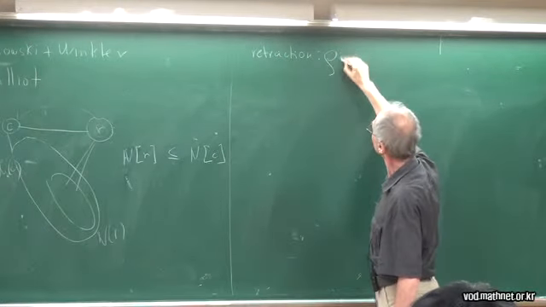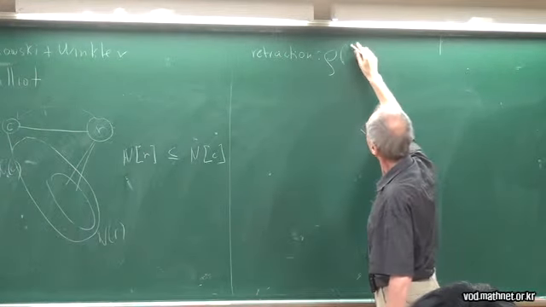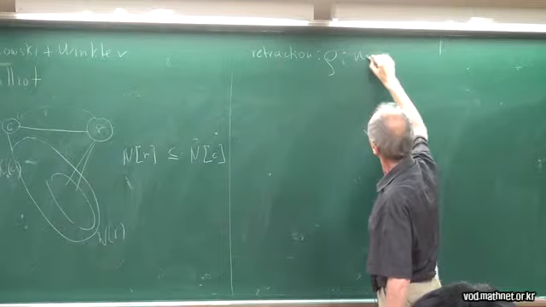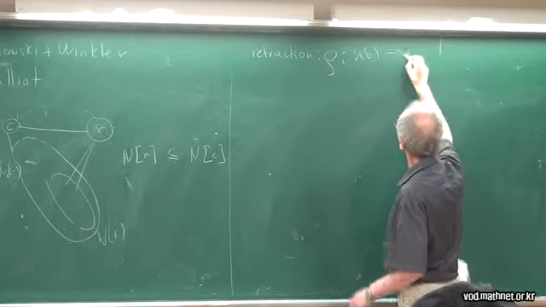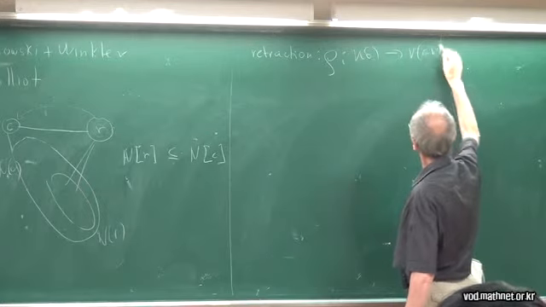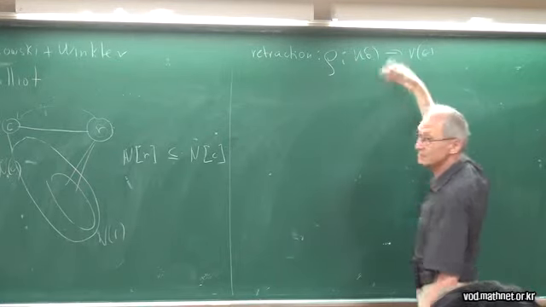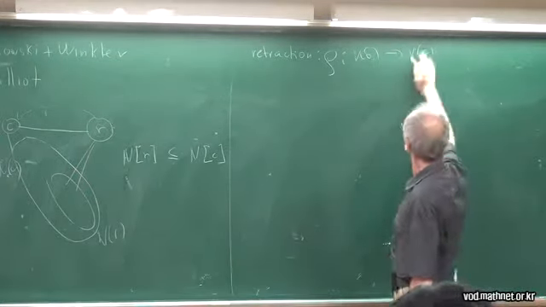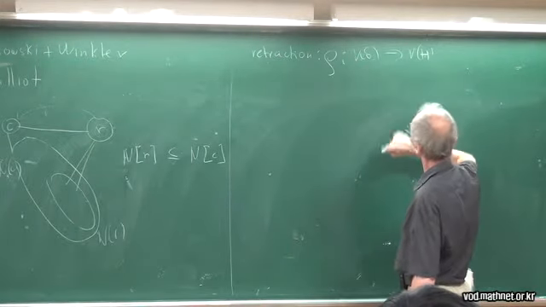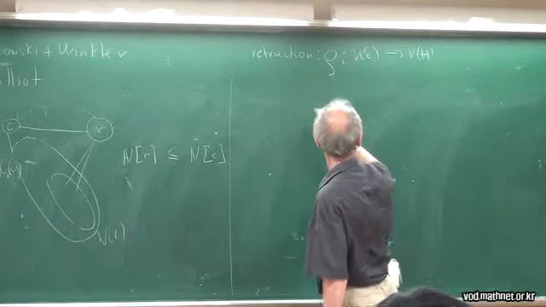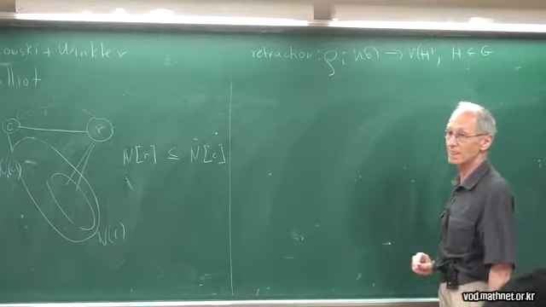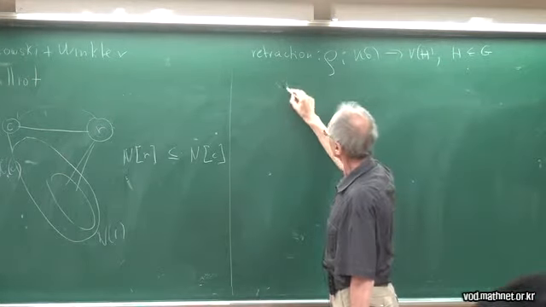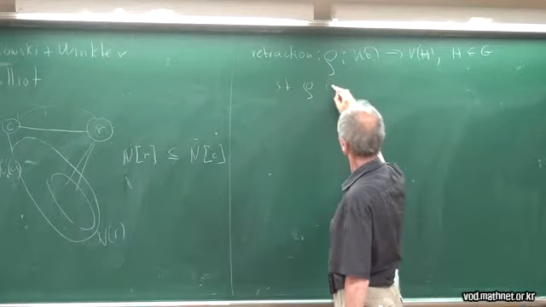Rho, say, is a mapping from the vertex set of the graph to itself, probably smaller, onto H, where H is a subgraph of G, such that rho is a homomorphism.